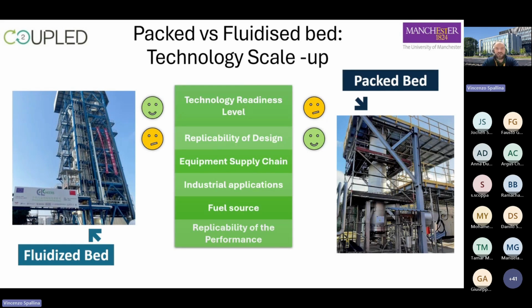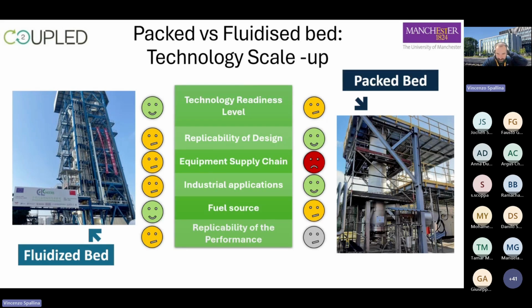There is a supply chain for fluidized bed which is in place, while for packed bed it is still under development. In terms of industrial application, the use of fixed bed might allow use in multiple sectors. As a fuel source, fluidized beds are much more flexible, as you can use solid, liquid, and gas, while packed bed reactors are primarily gas phase.